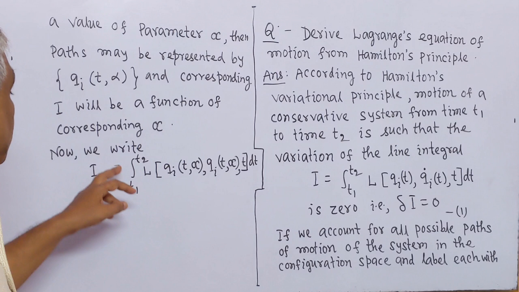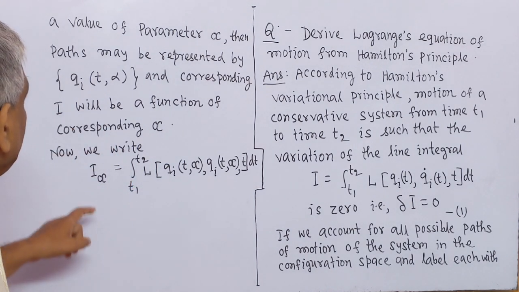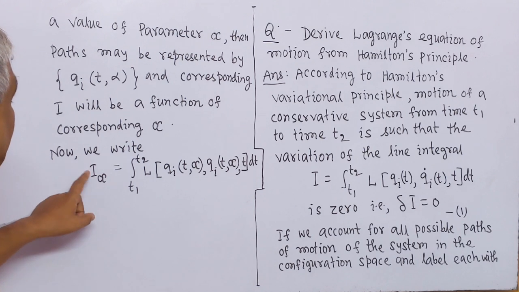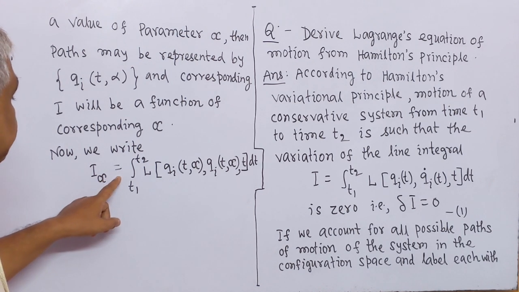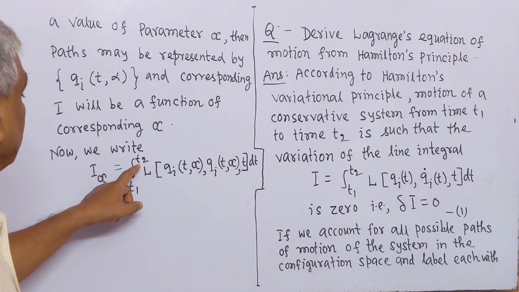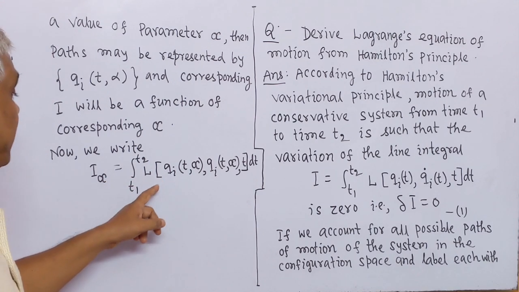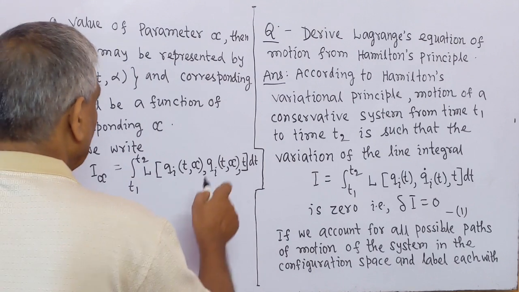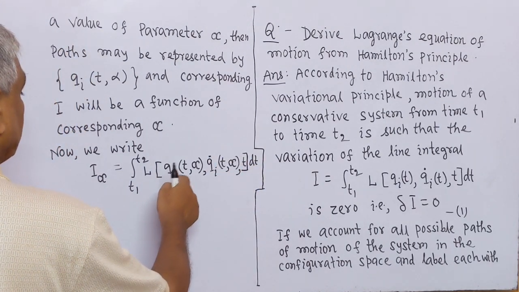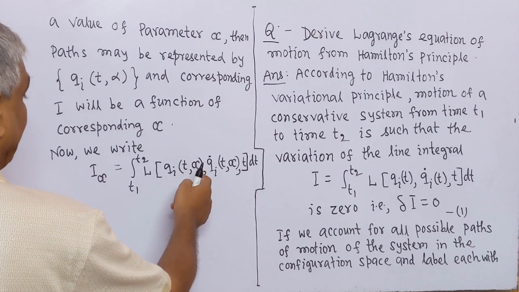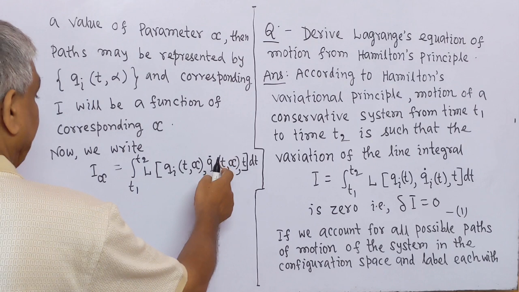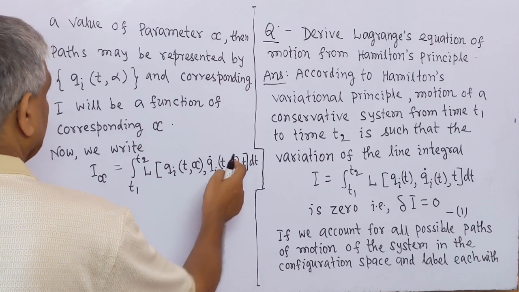Now we write the corresponding integral: I(alpha) equals the integral from t1 to t2 of the Lagrangian function L, a function of qi, qi dot and t. Here qi is a function of t and parameter alpha, and qi dot is a function of time t and parameter alpha.